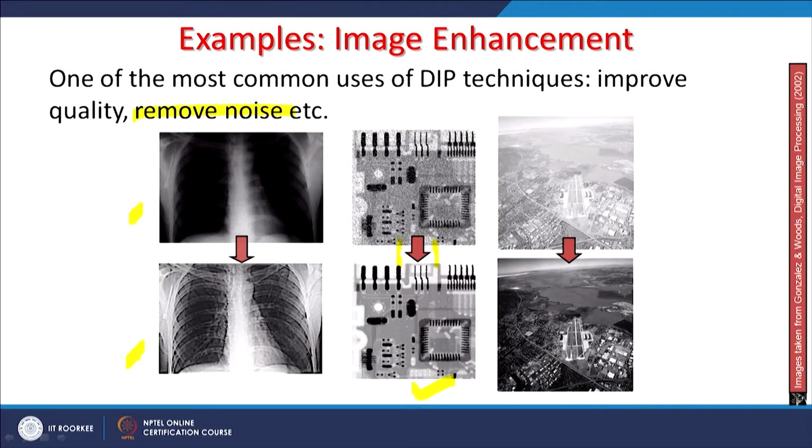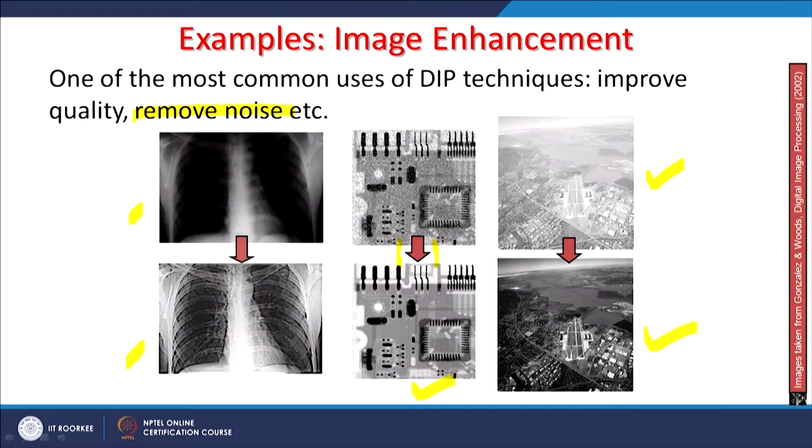Another one: this is an oblique aerial photograph, which might have been taken by an aircraft, and when you are flying very close to the earth, atmospheric conditions play a very important role. The photograph at the top right shows some hazy characteristics. But by employing simple digital image processing techniques, which we will see later, this can be improved.